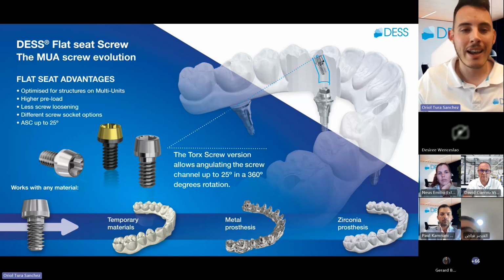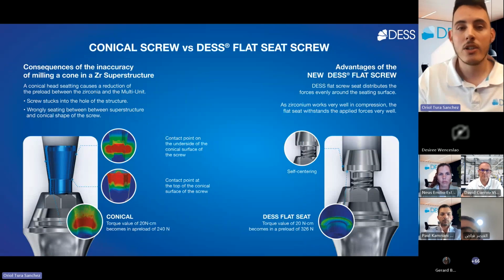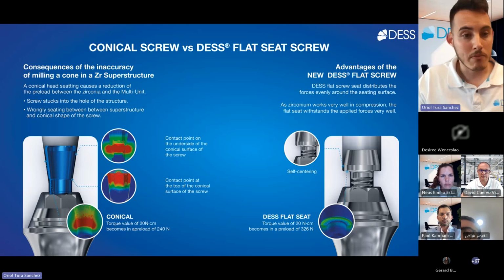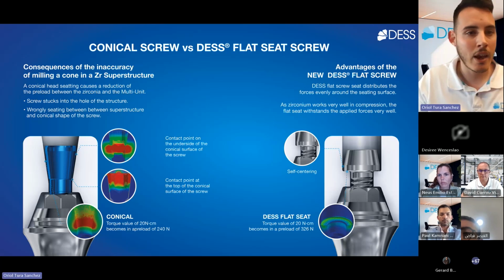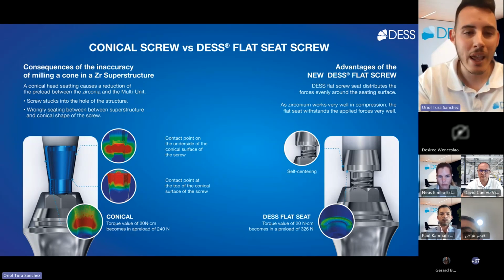Why did we develop a new multi-unit screw if we had several before? Because now there is a new trend to use conical screws. But conical screws offer some good benefits and as well have some consequences due to the inaccuracies of the milling of those restorations. The dental milling machines are not 100% able to mill a perfect cone in an accurate way.